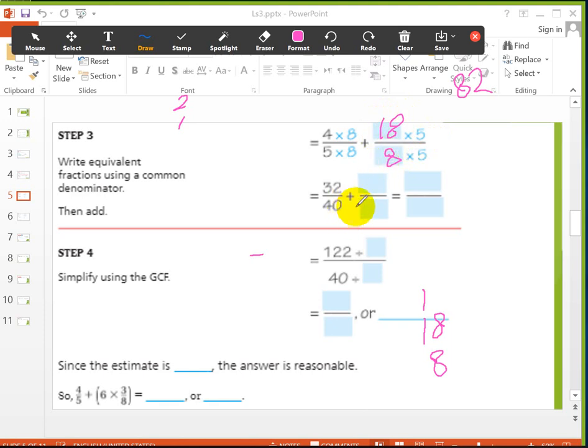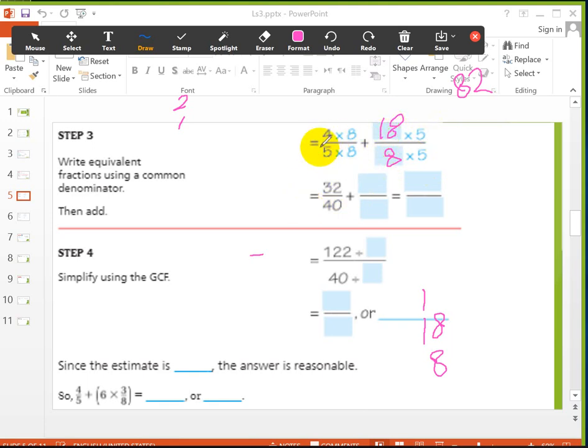If you want to add fractions with unlike denominators, I have to make the denominators the same. How will I do that? I will do that by switching denominators. That means I will multiply 5 with 8 and multiply 8 with 5. Not only the denominator, I also have to multiply the numerator by the same number.